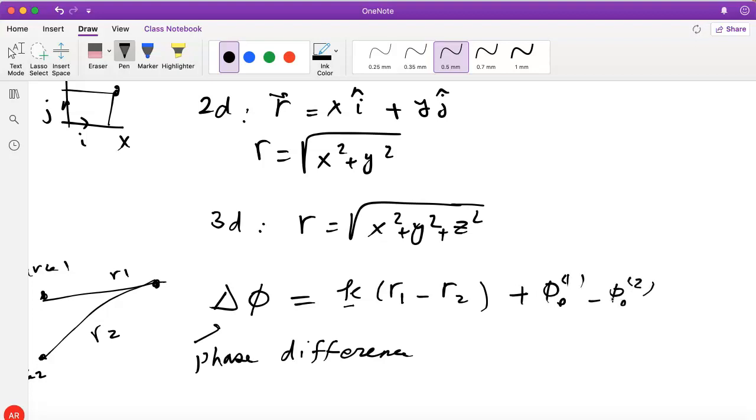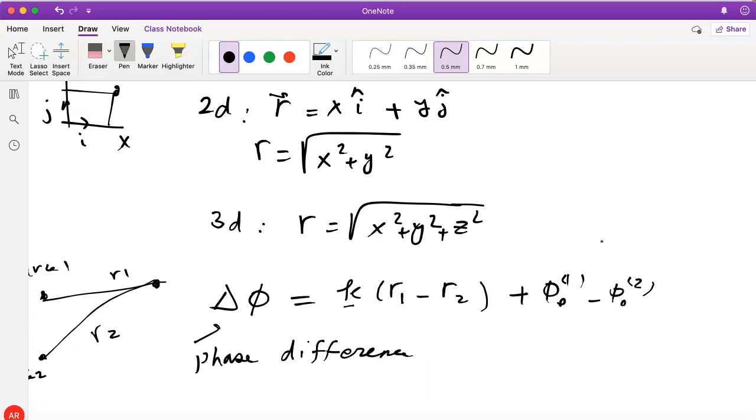Right? So similar to the 1D case, there is one contribution to the phase difference that depends on the difference between the phase constants of the two sources. And there's a contribution that depends on the difference between distance traveled. So now these distances, instead of being along one straight line, can have different directions.